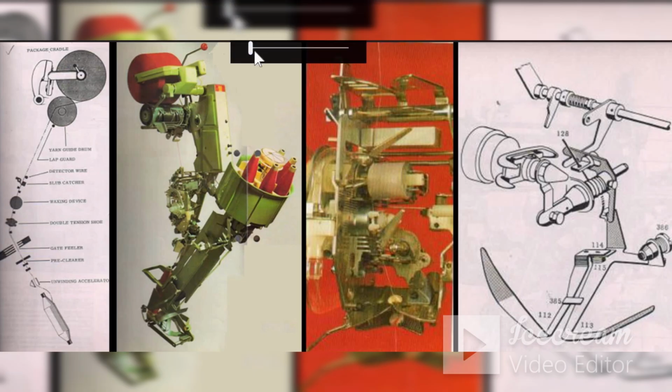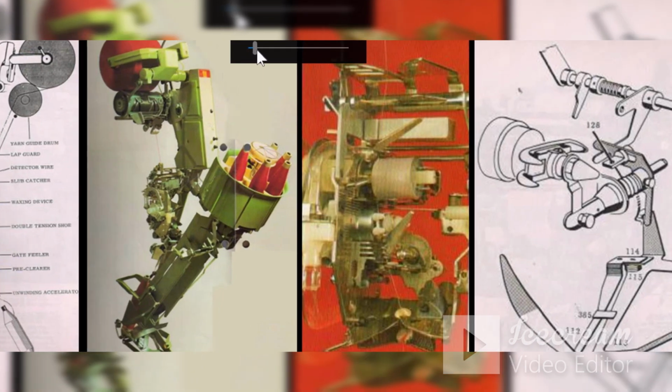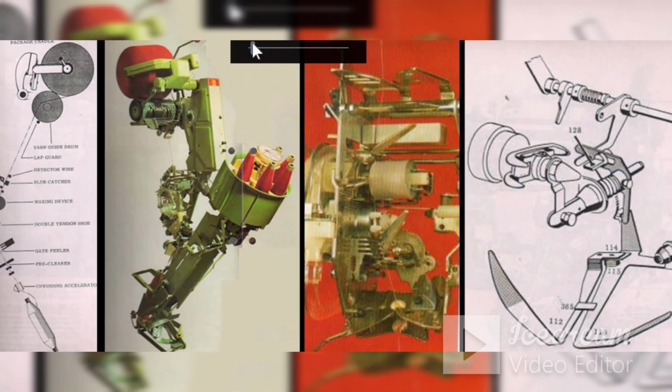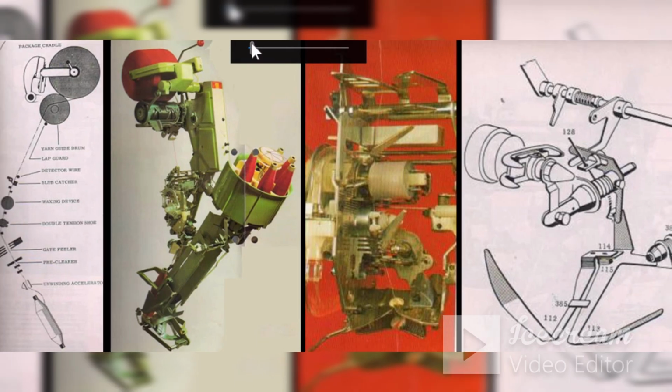Let me magnify this for better clarity. So you can see the magnified view of the yarn tensioner, wherein this is the yarn, this is the shoe, this is the disc, and this is driven by a separate motor. So this was a unique feature in the yarn tensioner.